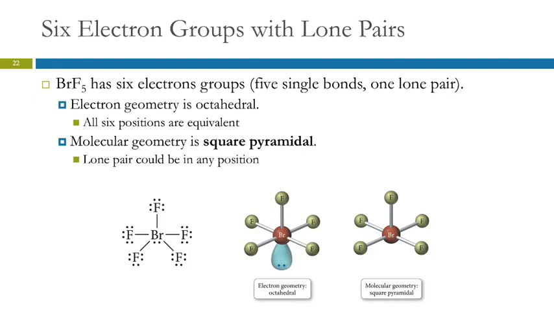So we can talk about axial and equatorial positions, but they're really all the same. So you can stick that lone pair anywhere you want. It's not going to affect the molecular geometry. So you make that invisible, and we're left with this. And that is called a square pyramid, because we've got this square base, and it goes up to a point. It's a pyramid.